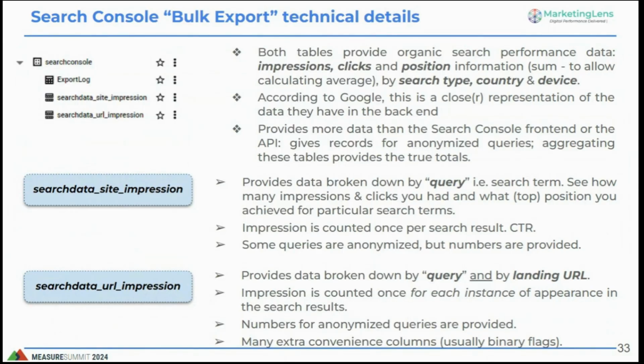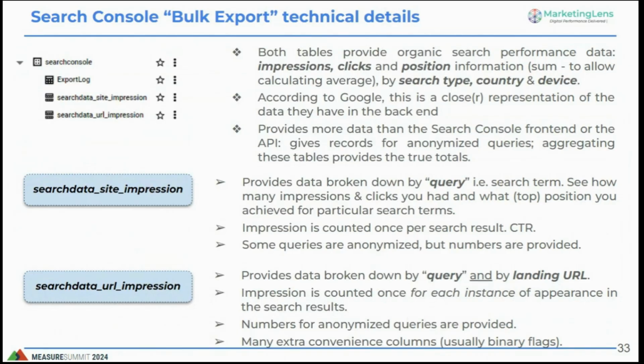And according to Google, this is a close representation of the data to what they have in the backend. I think by closer, we mean closer to the API or Search Console itself. It definitely provides more data than these because it gives records for anonymized queries.